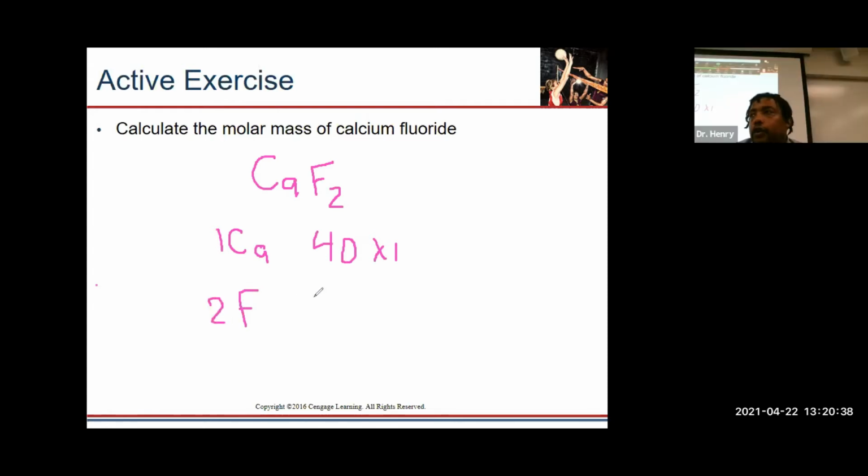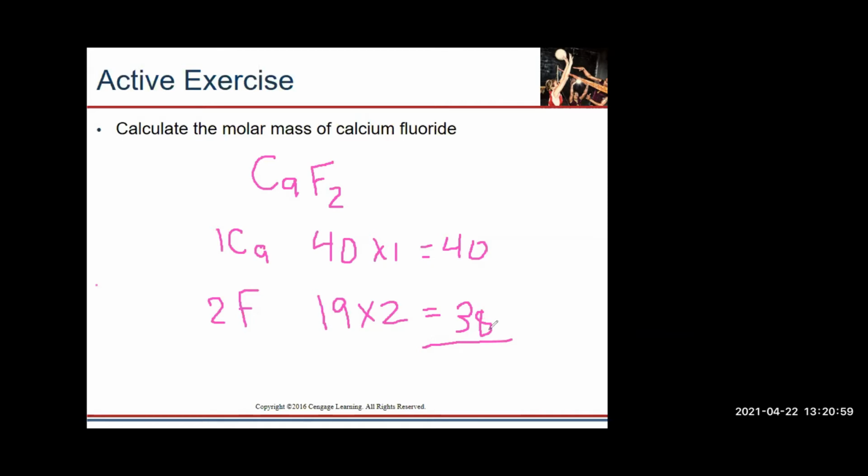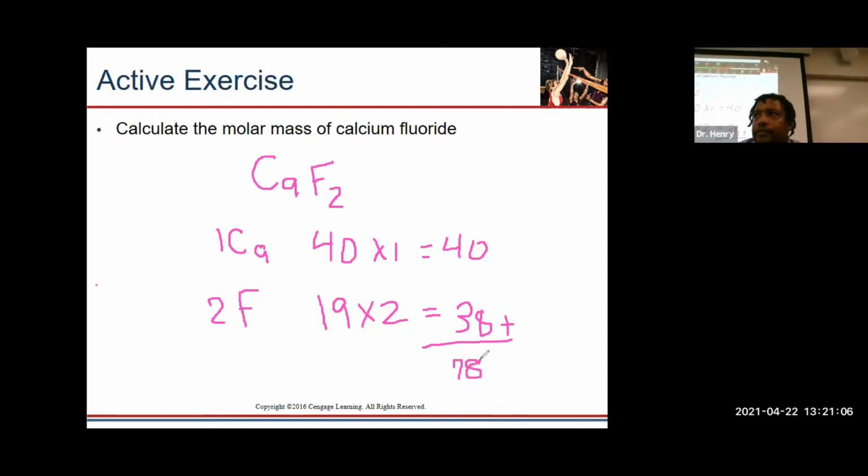And the atomic mass for fluorine? 19. So 2 times 19 is 38. So we have 40 plus 38. That's 78. And the units? Is it AMU?